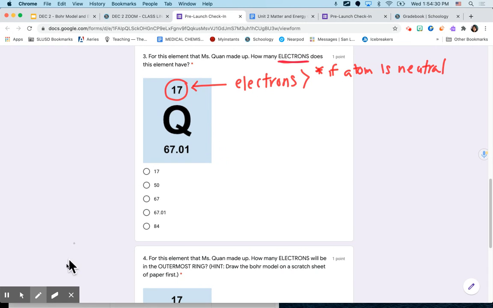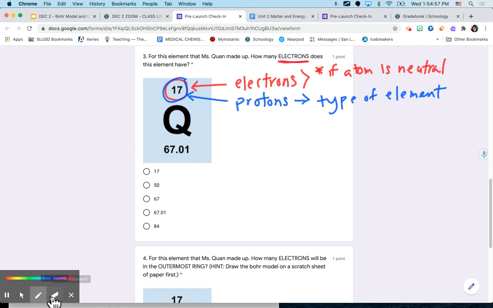So for electrons, this happens to be the same number as protons. And remember that protons tell you the type of element it is. So in this case, how many electrons does this element have? It has 17 electrons because that's my atomic number up top.